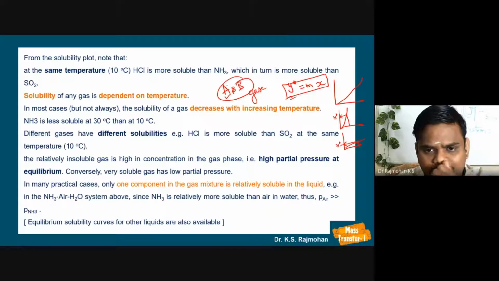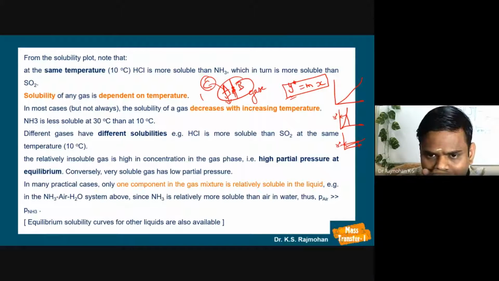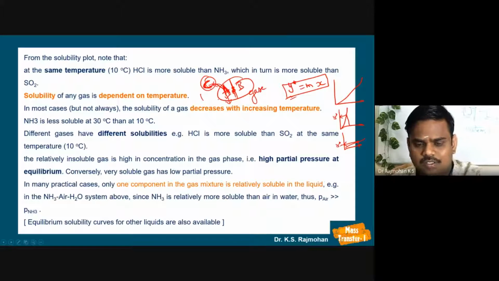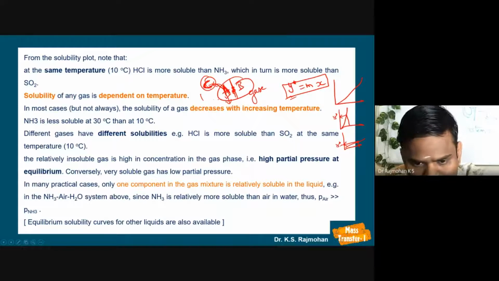We have to choose the solvent C such that it will take care of only A. If both are dissolving, the purpose is not solved. The purpose of the operation is to separate A and B. So we have to choose a third component C in which A is selectively soluble and B is not soluble. That is how we have to choose.